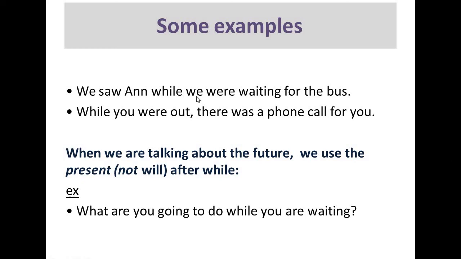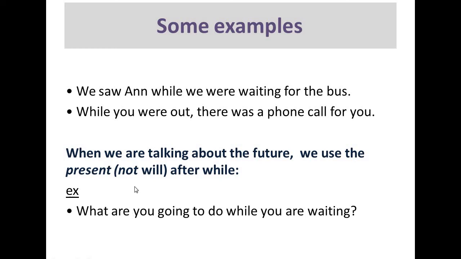So here we have two actions. The second example, while you were out, there was a phone call for you. So in the period when you were out, someone was calling you, or like that.